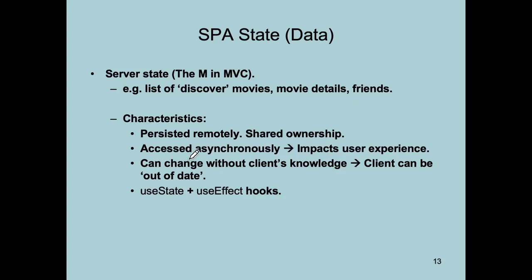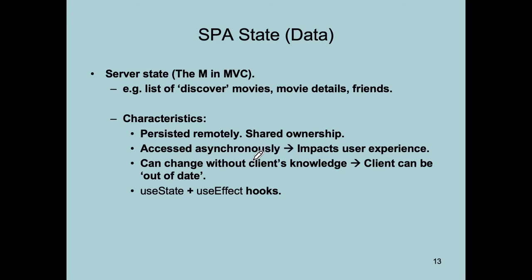I'm saying here it can change without the client knowing. So if you've got two instances of a React app running in two different browsers, and one user makes some change to the server state data, in other words, they post some updates to the data, then how can we guarantee that the other client instances are aware of that change?